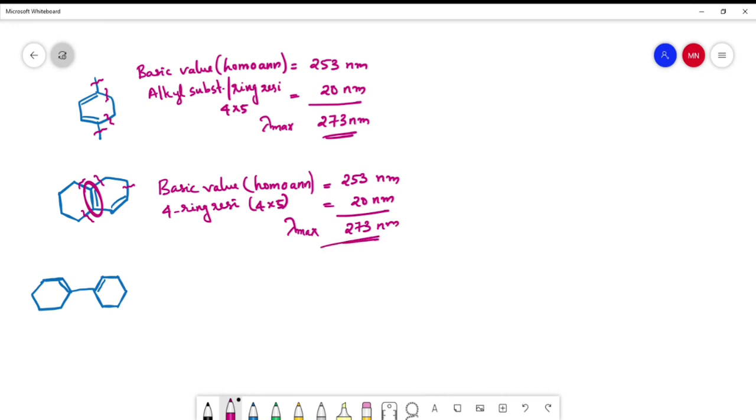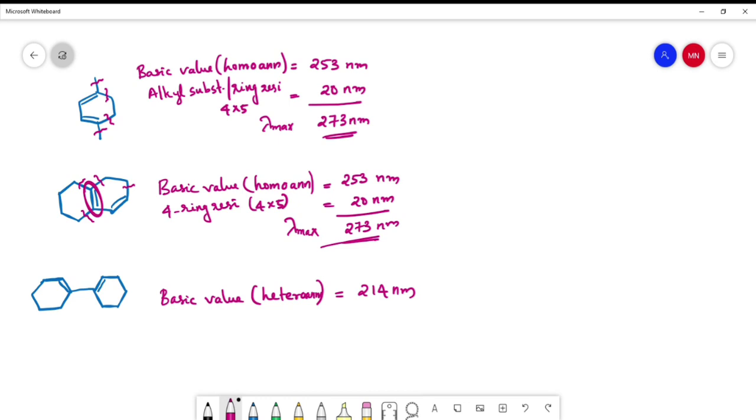Now for this compound, this diene component is within two rings. So this basic value corresponds to heteroannular diene component. So that is 214 nanometer.